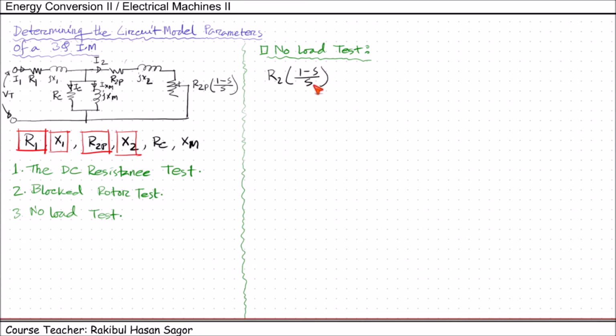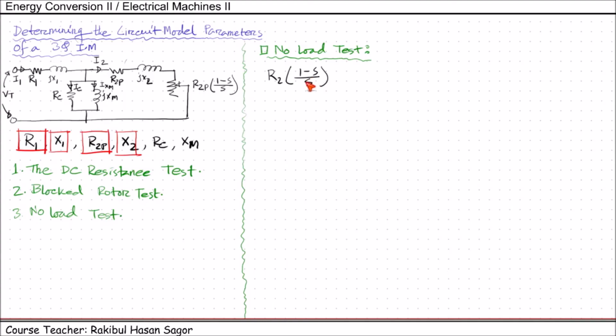We know if S equals 0, then it goes to infinity. But in our case, this S value will be very low when the rotor is running freely. Why? Because the rotor running freely means the difference between N_S and N_R will be very low. That's why the value of S will be very low.